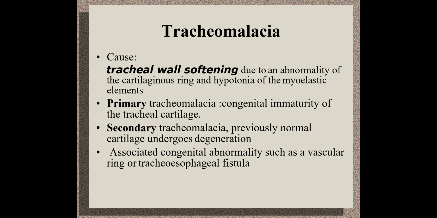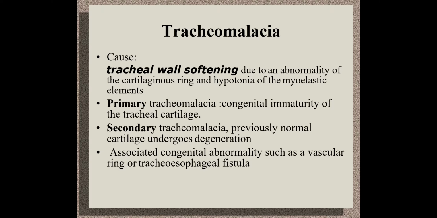Tracheomalacia causes tracheal wall softening due to an abnormality of the cartilaginous ring and hypotonia of the myoelastic elements. Primary tracheomalacia is congenital, immaturity of the tracheal cartilage.